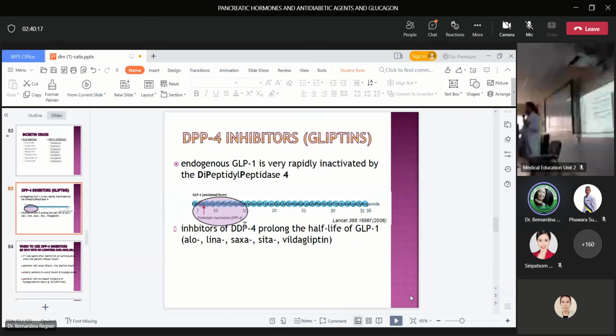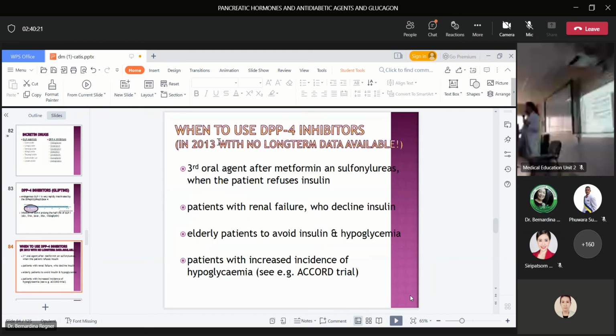So you will now have what? A third oral agent after metformin or sulfonylureas when the patient refuses insulin injection. So you can use this as an oral agent if the patient refuses insulin.